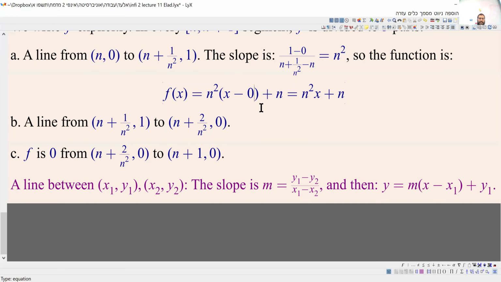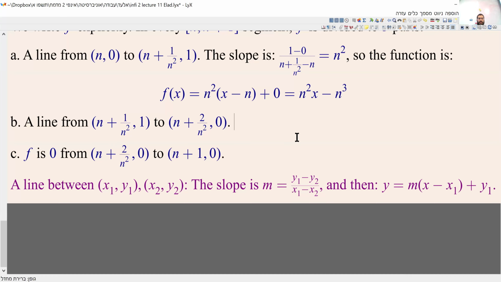X is the n, so we have n squared x minus n to the power of 3. And yet again, one can put x is n, y is 0. One can put x is n plus 1 over n squared, y is 1, and see that both are correct. You get a true statement, as far as I can see.